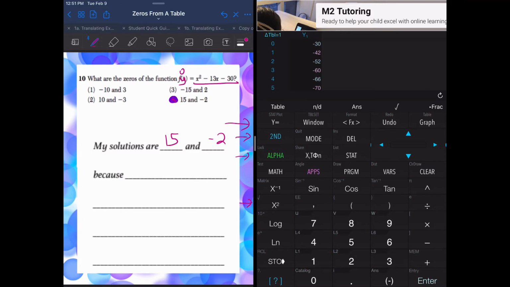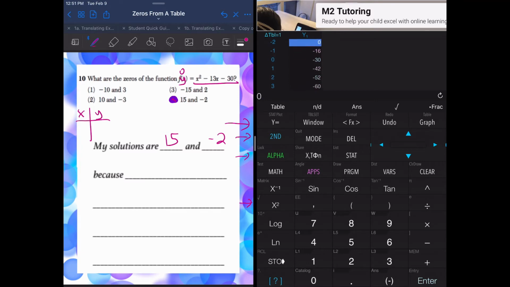So here I have the table of values. It looks kind of funky, but the table is actually x and y, even though it looks like a triangle table one. The blue values are your x values. I know my answers to this question are 15 and negative 2, and I can actually tell that from my table. So if I look at my first answer, where x is negative 2, I see that y is 0.